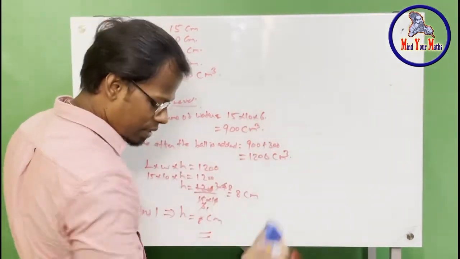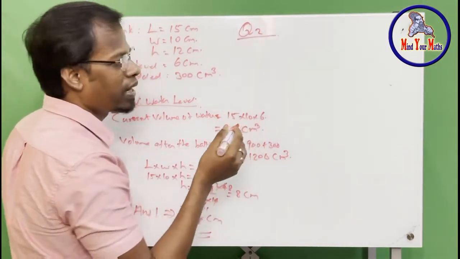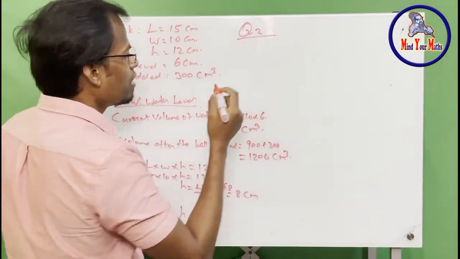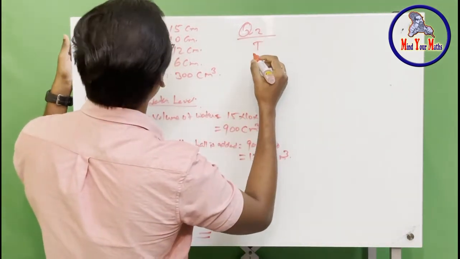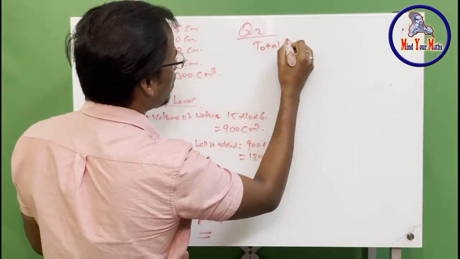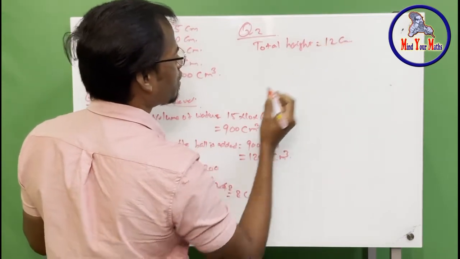Let's erase this one. Now the question 2 is how long it's going to take to fill the tank for the remaining height. For that we need to find what is the remaining height. The total height is equal to 12 centimeter, right?